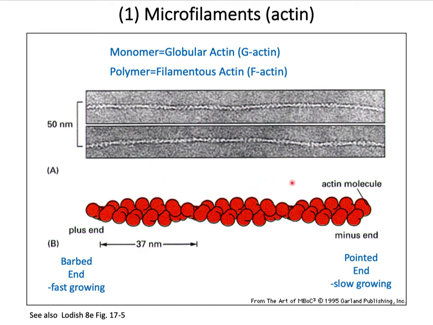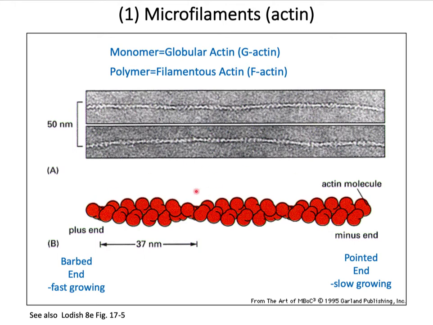The other end is known as the minus end, and sometimes it is referred to as the pointed end. It grows more slowly, both in vivo and in vitro, than the plus end. In fact, for all intents and purposes, in vivo or inside the cell, the monomers are usually not added at the minus end.